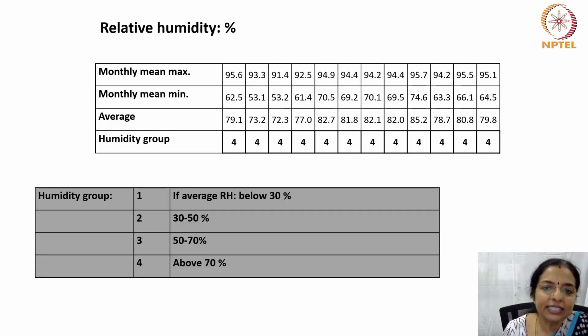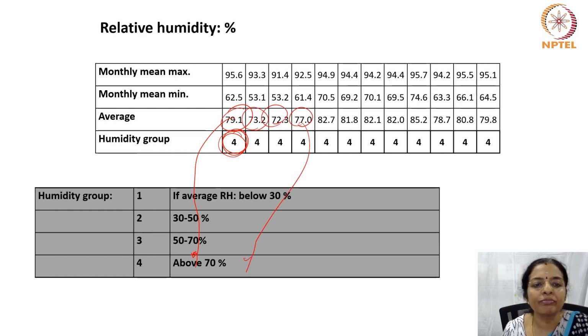Similarly, I have entered the monthly mean maximum, monthly mean minimum, relative humidity data, the average data, and based on this, I have entered the humidity group. So this is above 70, so humidity group is above 70. So everywhere the humidity average is above 70, so the humidity group is uniformly 4 for all the 12 months.